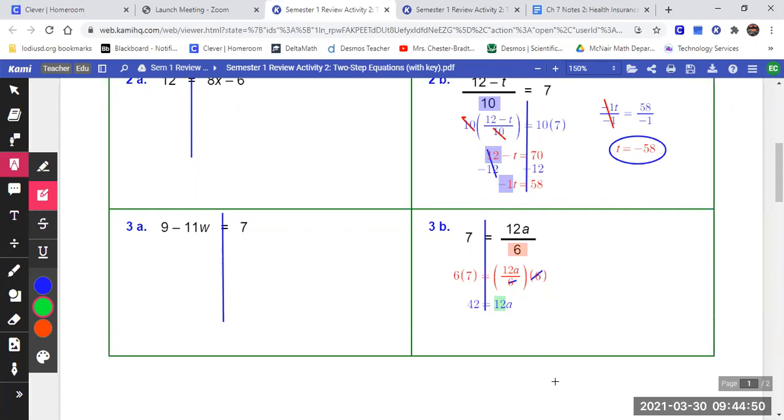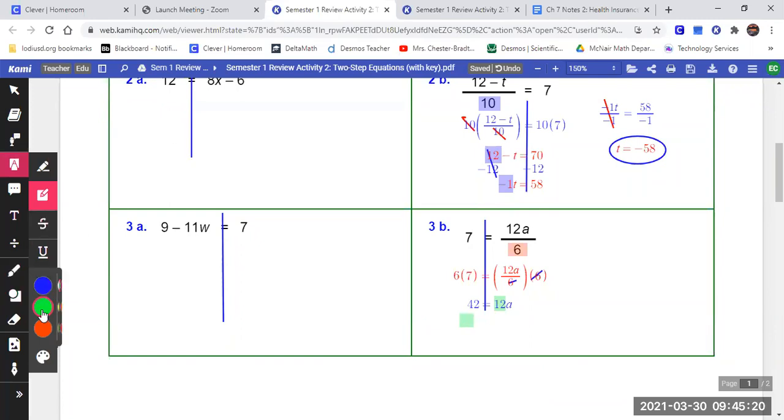Divide both sides by 12. Exactly. Nice. So the 42 is going to divide by 12.